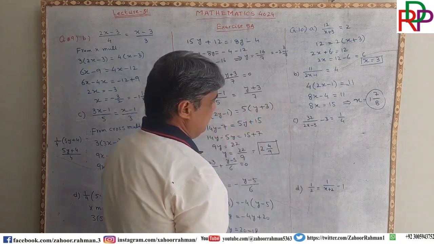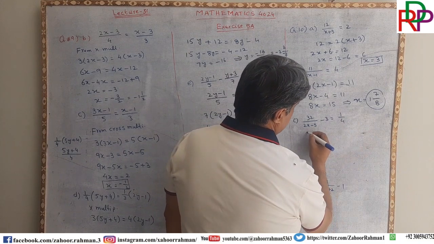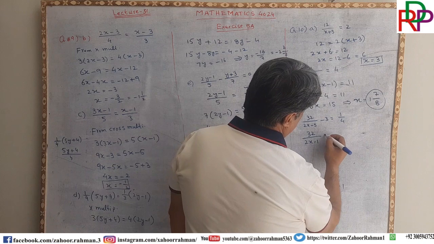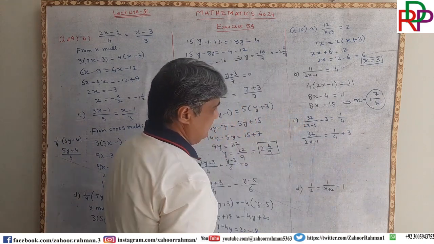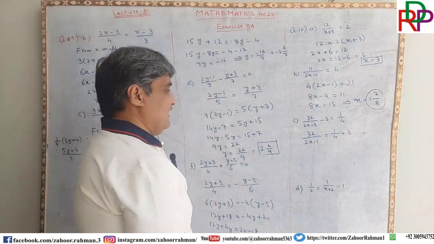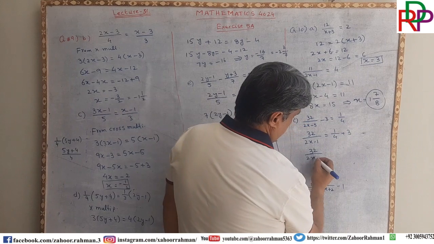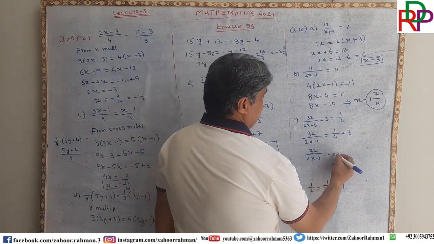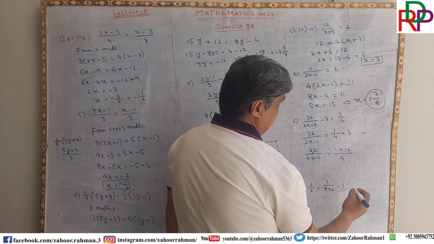32 divided by 2x minus, first of all, let me shift this minus 1 to the other side, and it will become 3. And then 32 divided by 2x minus 1, and when I take 4 as the LCM, so 1 plus 12.